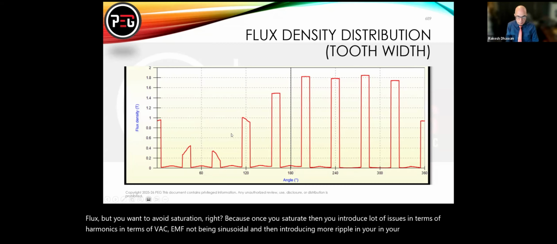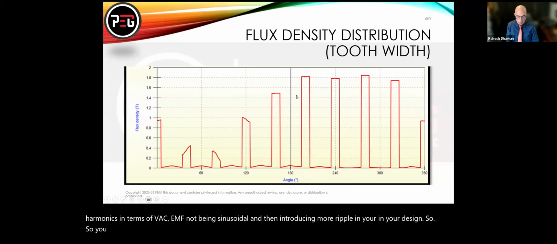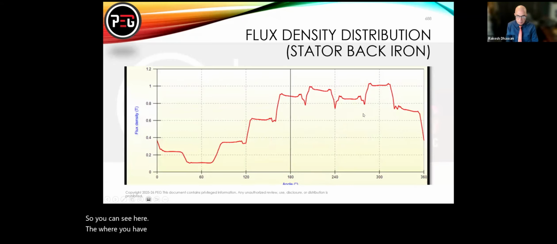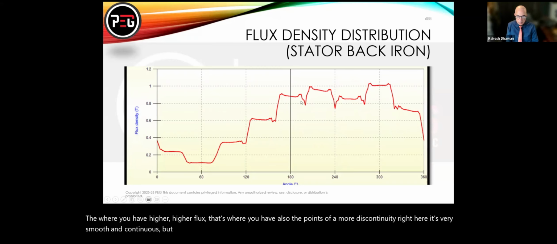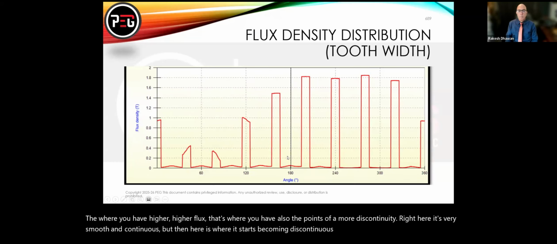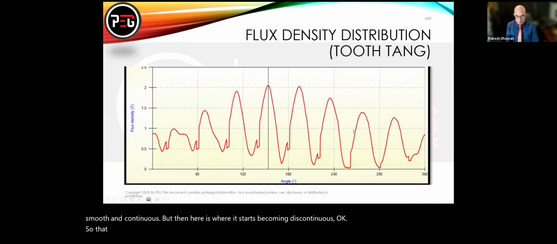You can see here where you have higher flux, that's where you also have more discontinuity. Here it's very smooth and continuous, but then here is where it starts becoming discontinuous.